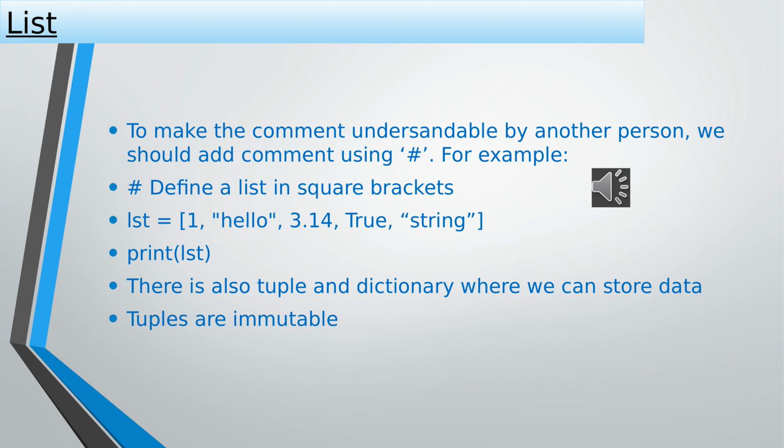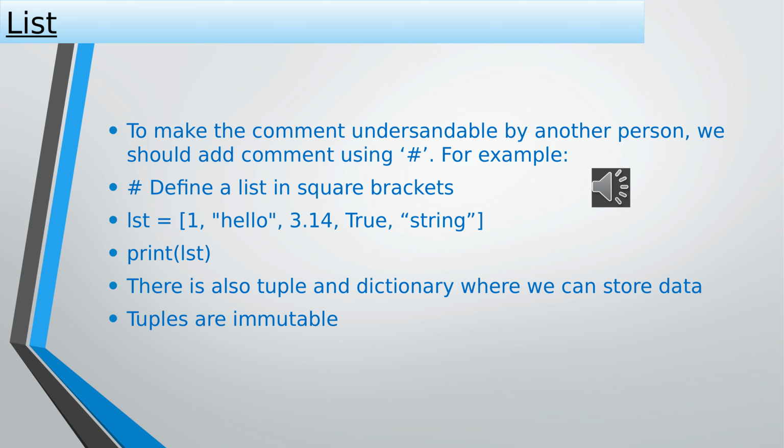For example, in this list we have an integer, a string, a floating point number, a Boolean value, and another string: list = [1, "hello", 3.14, True, "string"]. This demonstrates the flexibility of Python lists. They are capable of storing heterogeneous data types, which makes them useful for general-purpose programming. If we use the print function, Python displays all the elements of the list in the same order in which they were stored.